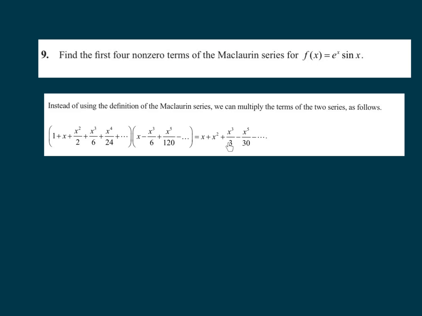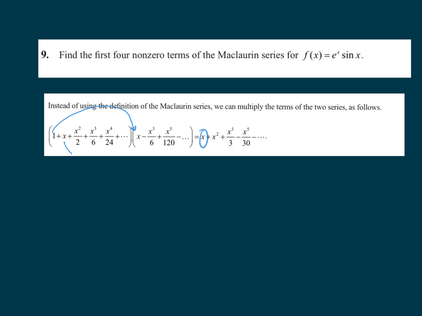And the following one, the x to the 5, will appear when I multiply this term, x to the 4 divided by x is x cubed. So we have to multiply. Let's do the multiplication. This by this will be x to the 1. Is there another x to the 1? No. So this is the term.